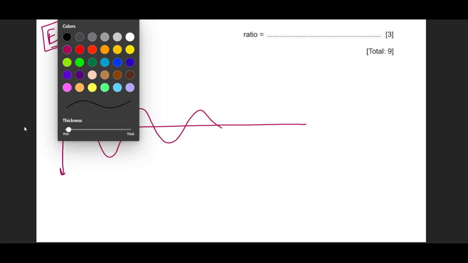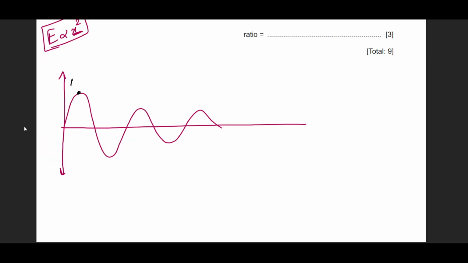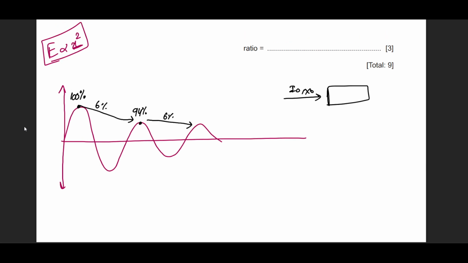At the very beginning, the amplitude at this point was 100%. What is going to be the amplitude at this point? This will be 94%. So there is a loss of 6% when the second oscillation took place. Similarly, again, a loss of 6%. So if you look at the efficiency model from O levels and IGCSE and A levels first year, you're providing, let's say, I naught, or you're providing X naught of energy, right?